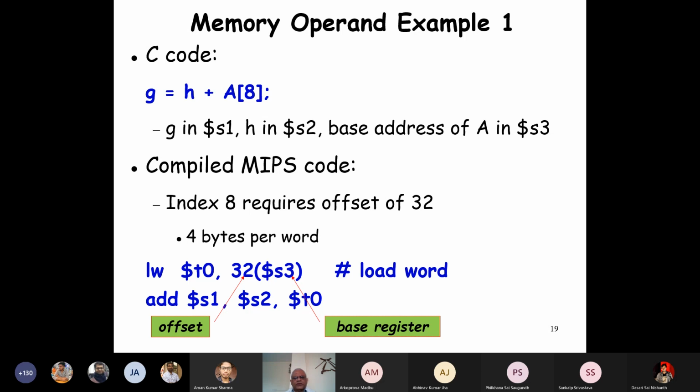Now, how do we write this program? That base address of the array we store in a register S3, and we want to add A[8] with H, and then we store the result in G.